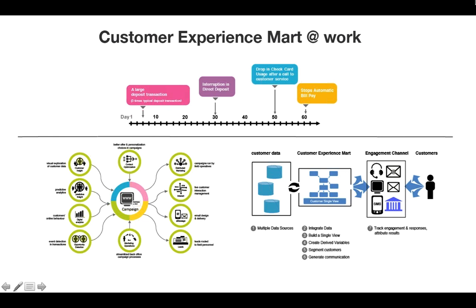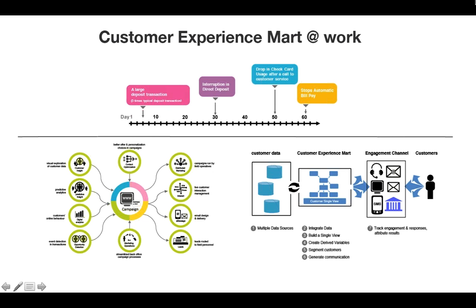If you look at the customer experience mart at work, and you look at the onboarding process very simply, and creating a perspective of that, how could our understanding, by bringing together the different types of data across a banking infrastructure, change or evolve the way we understand the onboarding process?